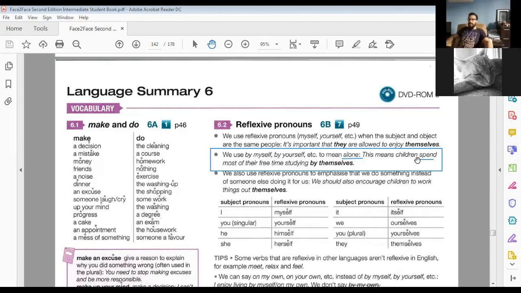Children spend their free time by themselves. You can say, my cousin Ahmed is living in a nice apartment by himself. You get the idea? So it means he's broha. All right. So by only use it for situation where you are on your own.